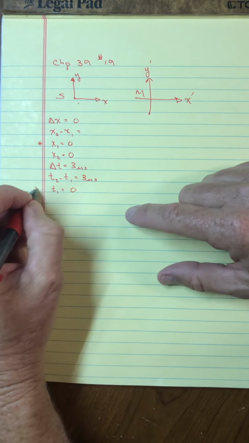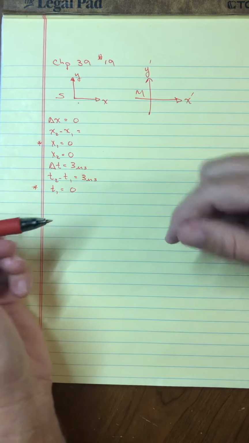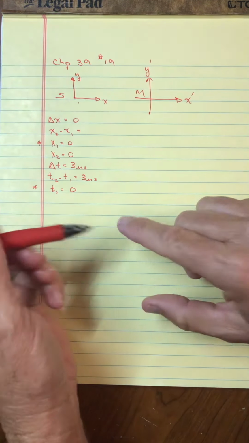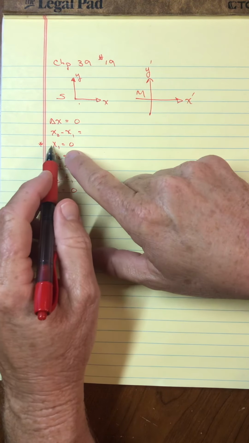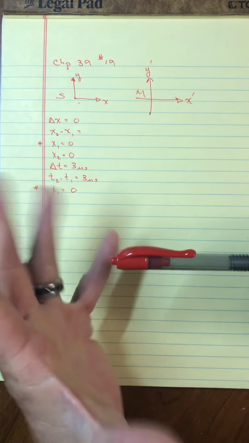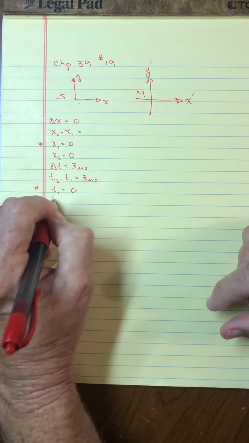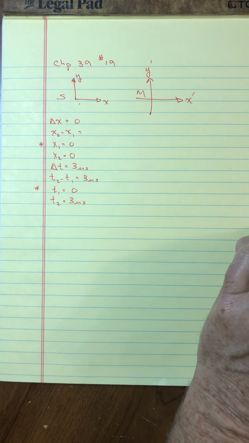So that very first light, here's the front of the train, flash. Let's call that time equals 0 for Susan, and position 0 for Susan. And then the second flash occurs at time 3 microseconds. Okay?